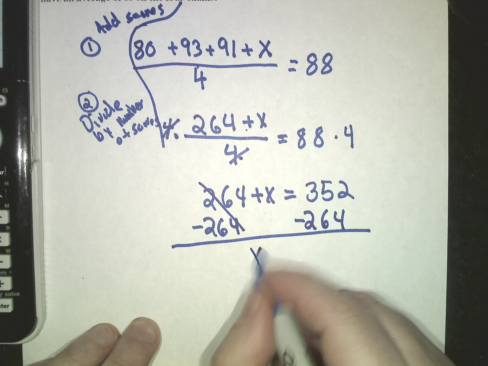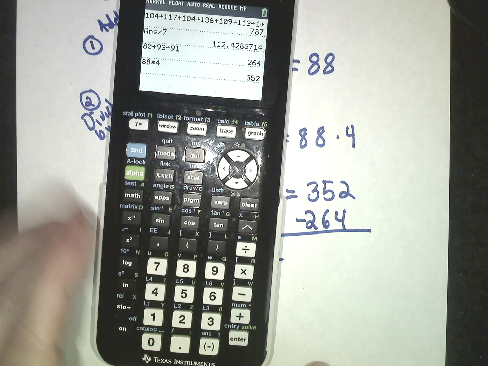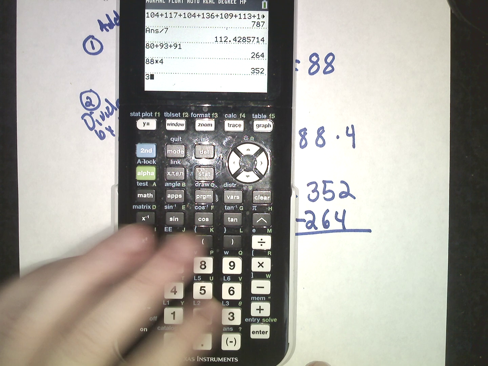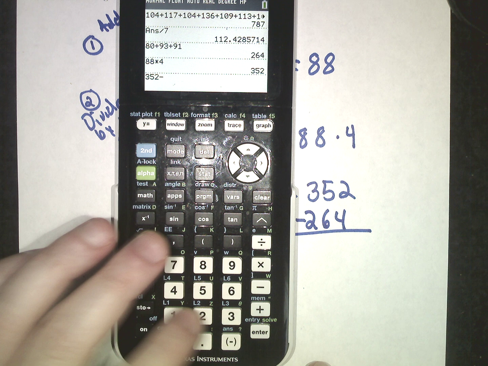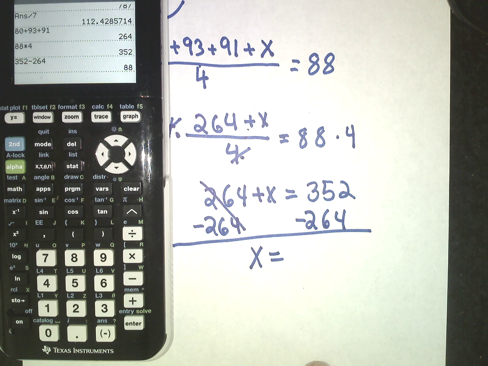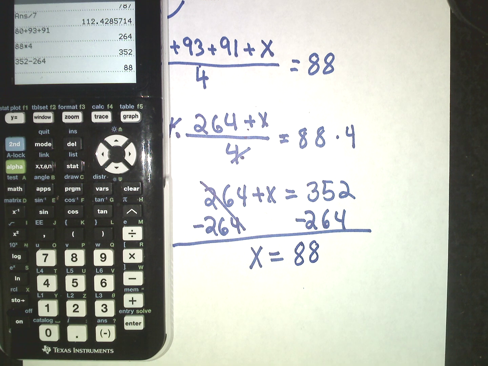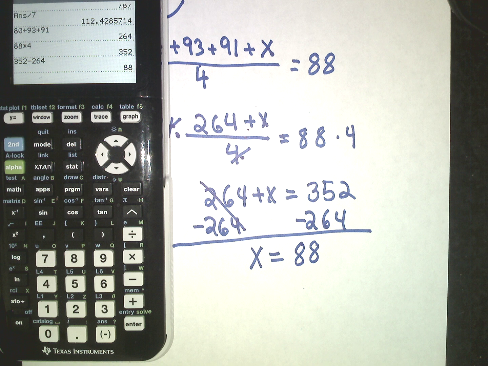I can bring down my X equals, so this will give me the answer. 352 minus 264. 352 minus 264 gives me a final average of, well, would you look at that? 88.